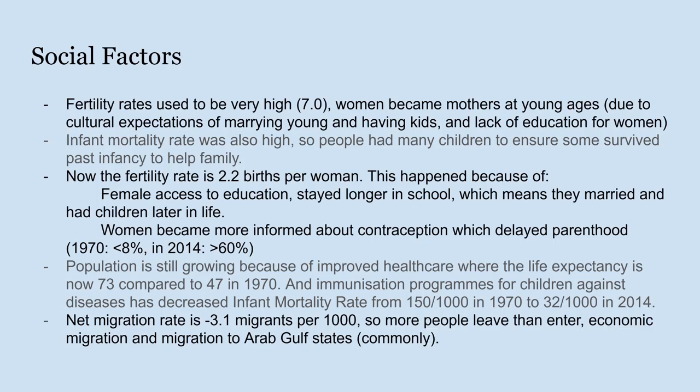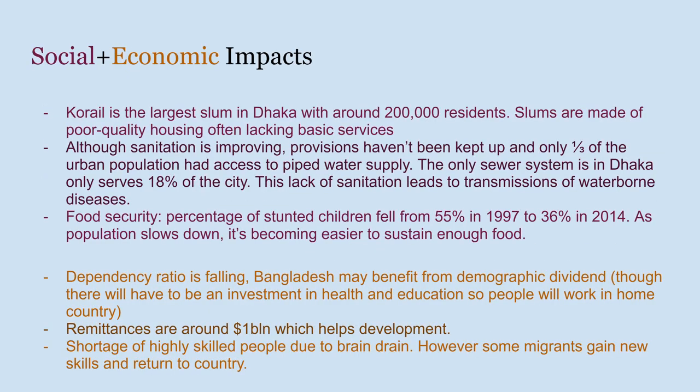So some social and economic impacts. Korail is the largest slum in Dhaka with around 200,000 residents. Slums are made of poor quality housing, often lacking basic services, like normal plumbing or electricity or water.